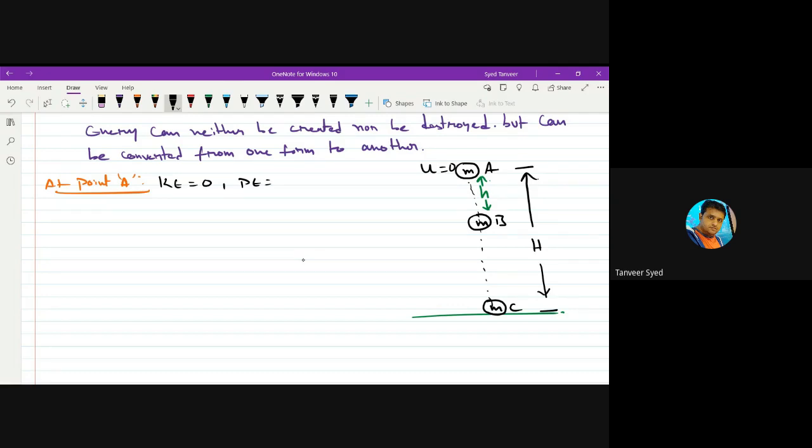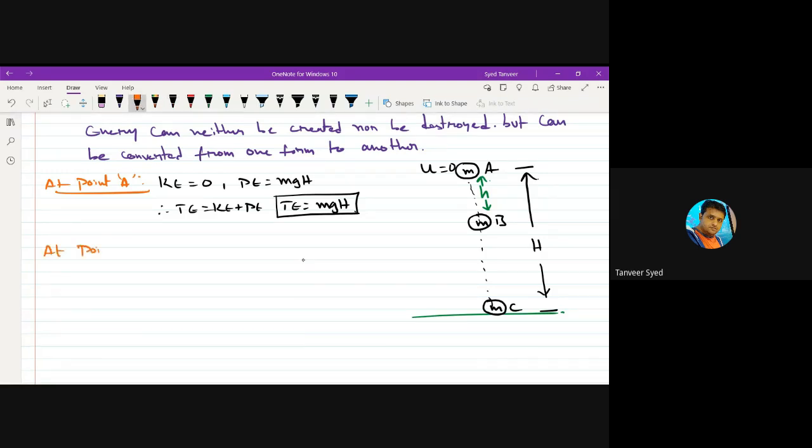It is at a height capital H from ground, so it has potential energy mgH. Then what is its total energy? KE plus PE, which is 0 plus mgH, which is mgH. So at point A, the total energy of the body is mg capital H.